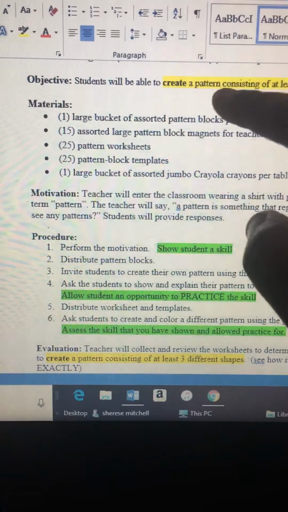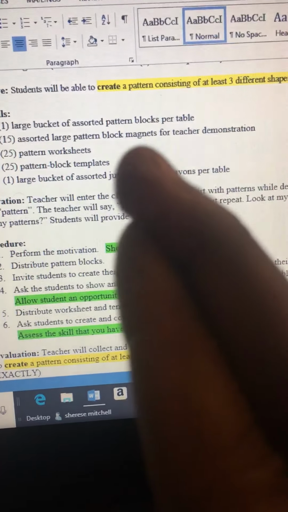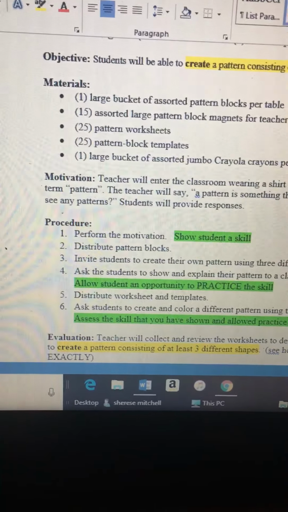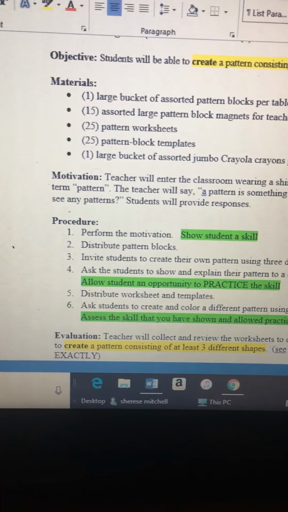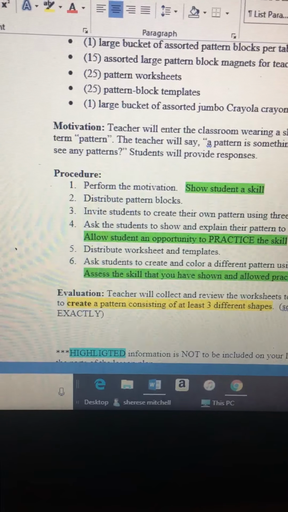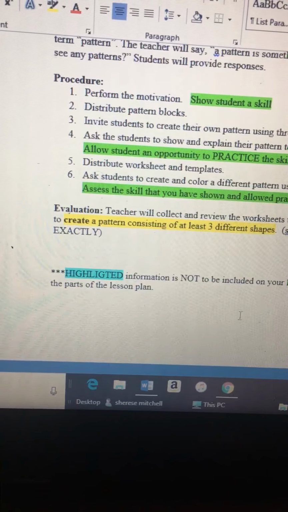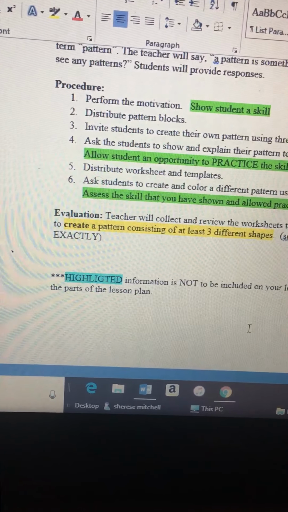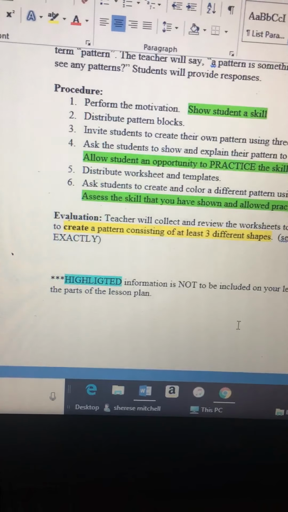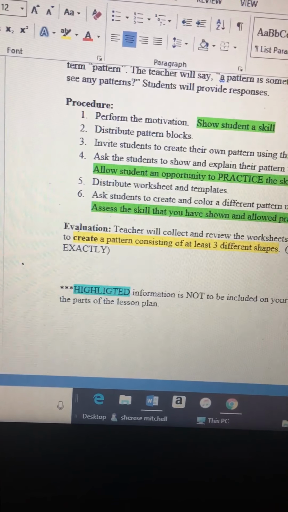It's almost like the objective and the evaluation are married. They're together. Okay? And you see, even down in the sample, see how it matches the objective exactly. All right? And then I just point out that some of the information is highlighted that's not to be included in your lesson plan. It's there to explain the different parts of the lesson plan.